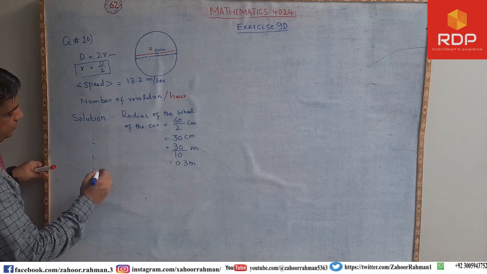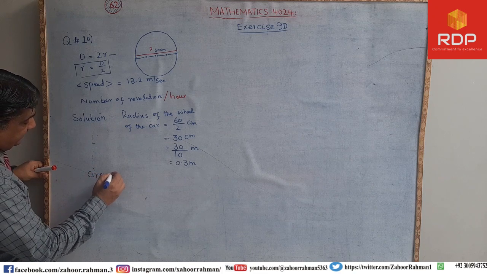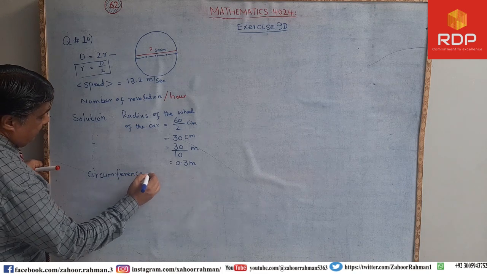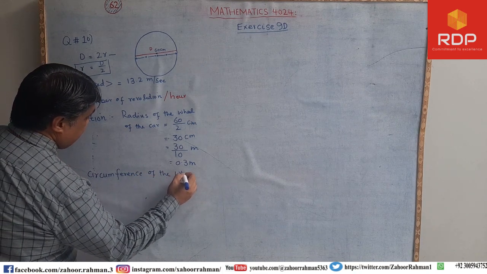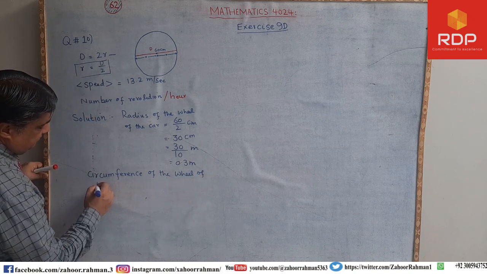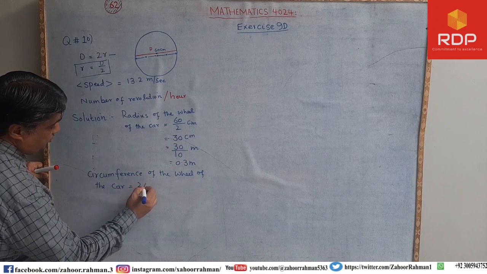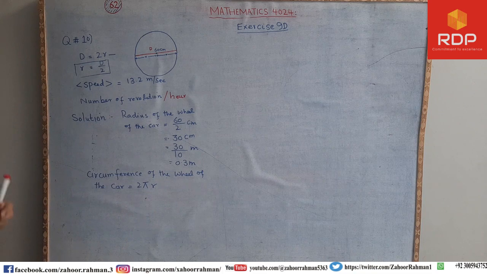Why did we find it? Because we are finding the circumference of the wheel of the car, which is equal to 2 pi r. This is the formula for circumference.